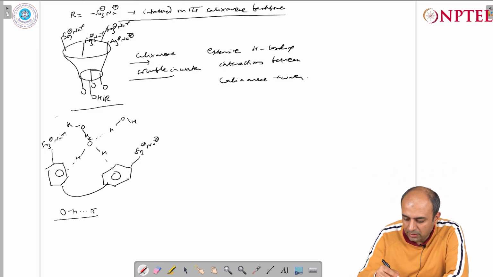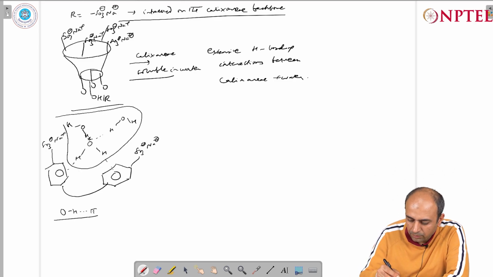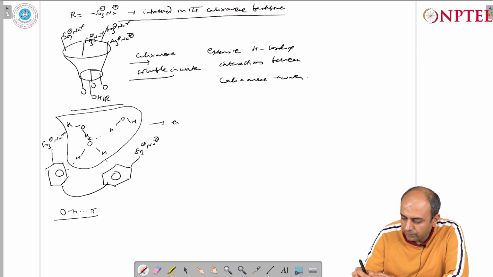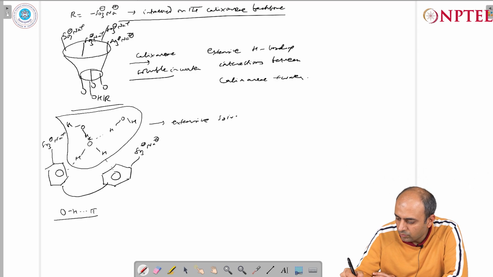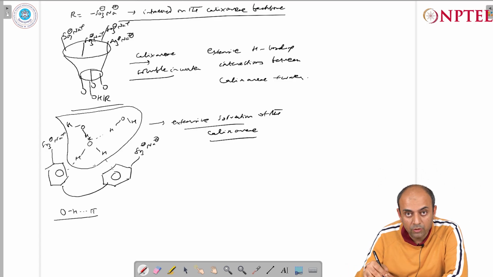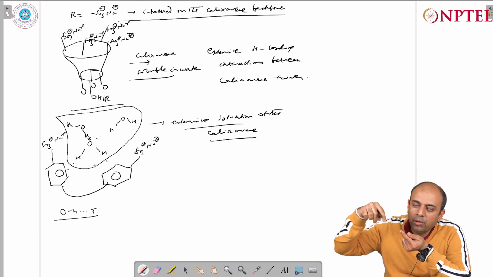So, you have this extensive solvation of the calixarene when you have these water molecules which are present on the rim of the sulfonate groups.